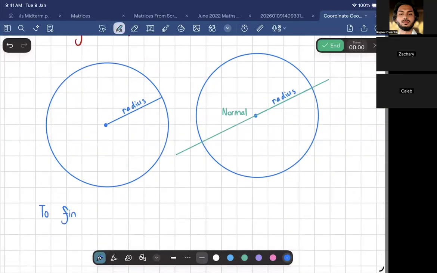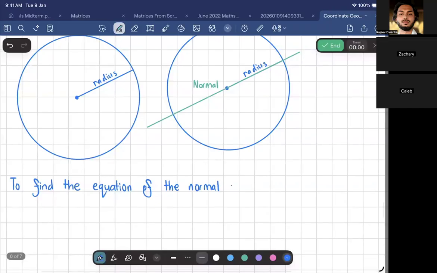So, to find the equation of the normal, I have a question, guys. Is normal a circle or is normal a line? Based on what I just drew over here, is normal a what? To find the equation of the normal, it is actually a line.